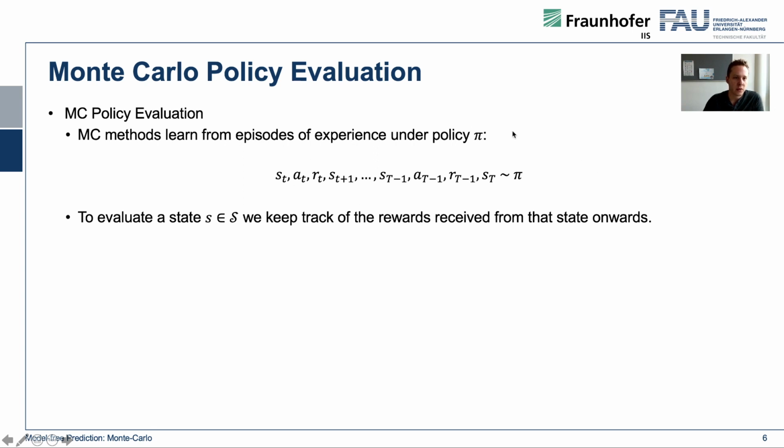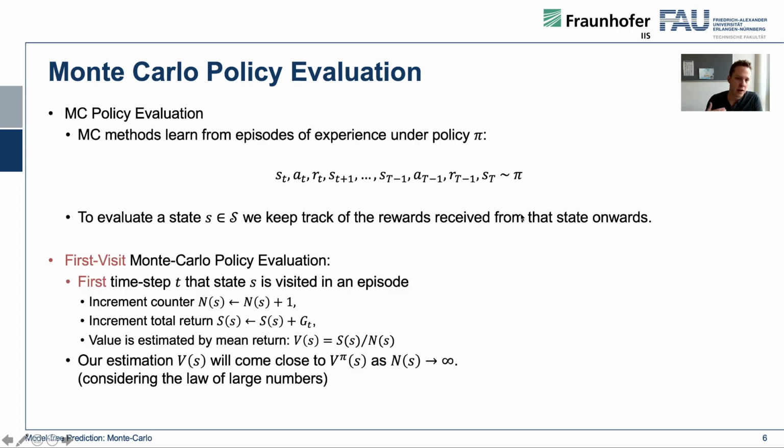This is something that you will also often see. So we actually sample a state action reward sequence from policy pi. This is an expression that you always see. We sample the sequence from a policy pi and the environment. And to evaluate a state, so the state value of a state S, we just keep track of the rewards we receive from that state onwards.